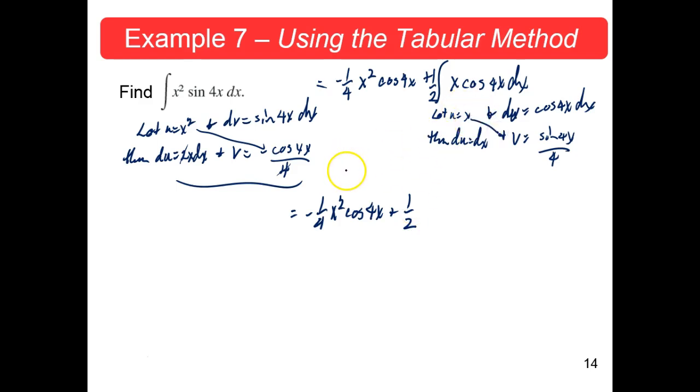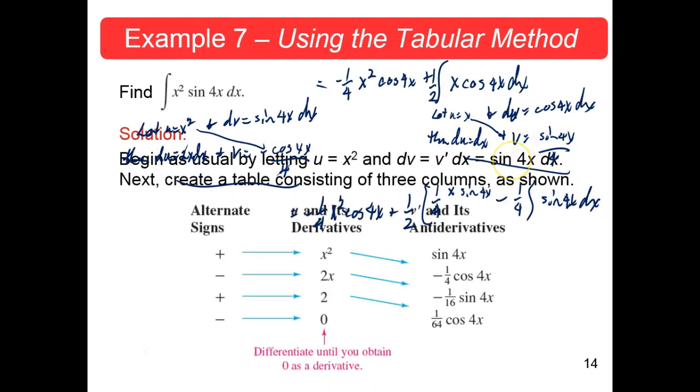And when you do your uv here, you're going to get a 1/4 x sine 4x minus, bottom line here is 1/4 the integral of sine 4x dx. Yuck.